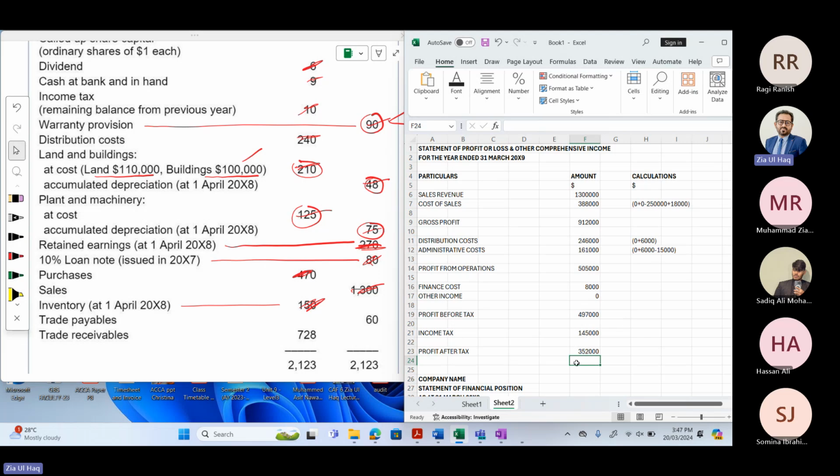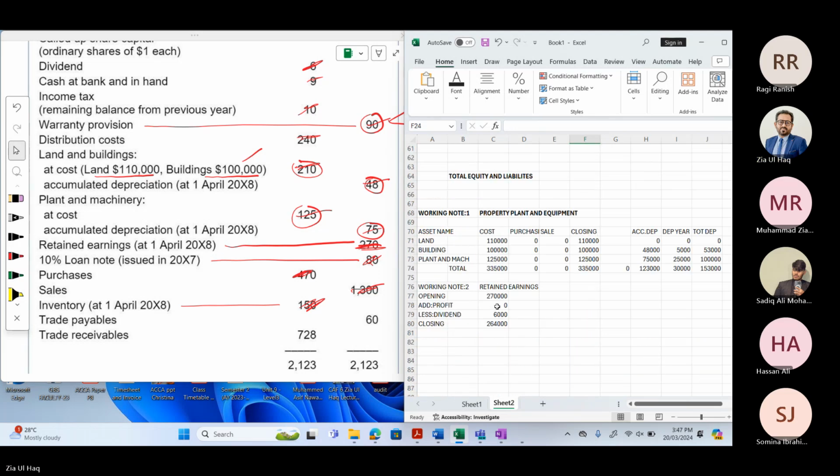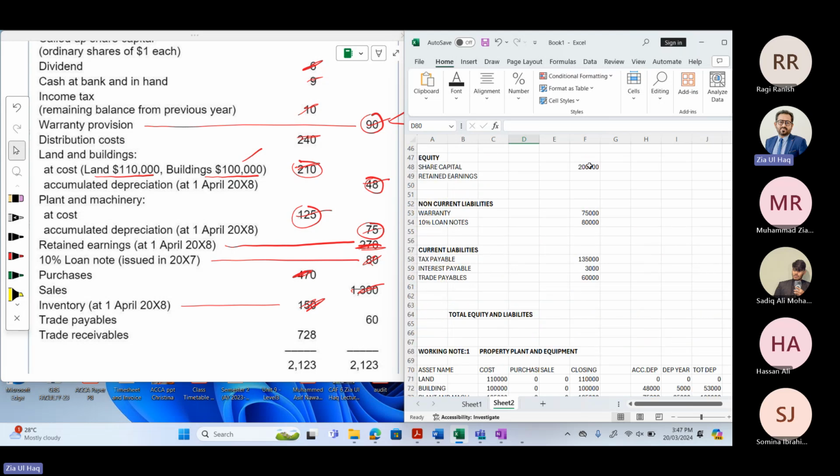And this 352,000 should be added here. This means this retained earnings closing figure is 616,000. And we have found this from working note number 2.